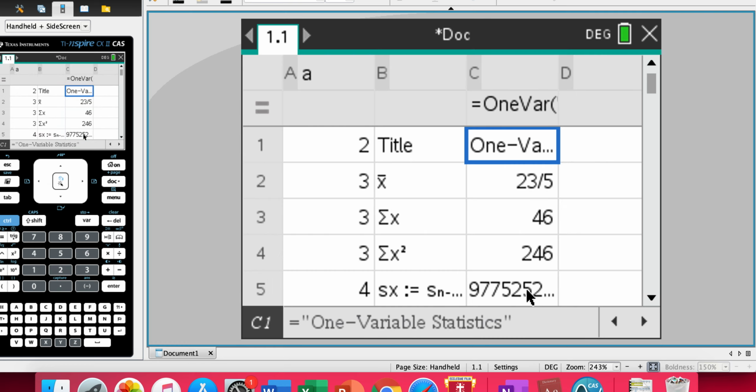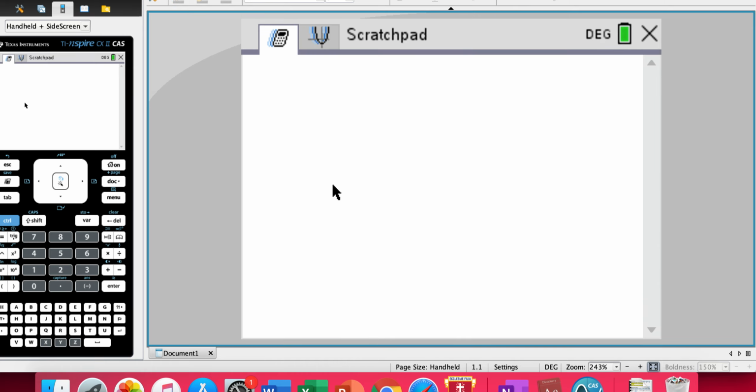All good, it worked. Now, this symbol here is what we use for our mean. So it's saying that it's 23/5, okay? So if I want to find that in decimals, I'm going to go to my Scratchpad and do 23 divided by 5, Control Enter, and it says that it's 4.6.